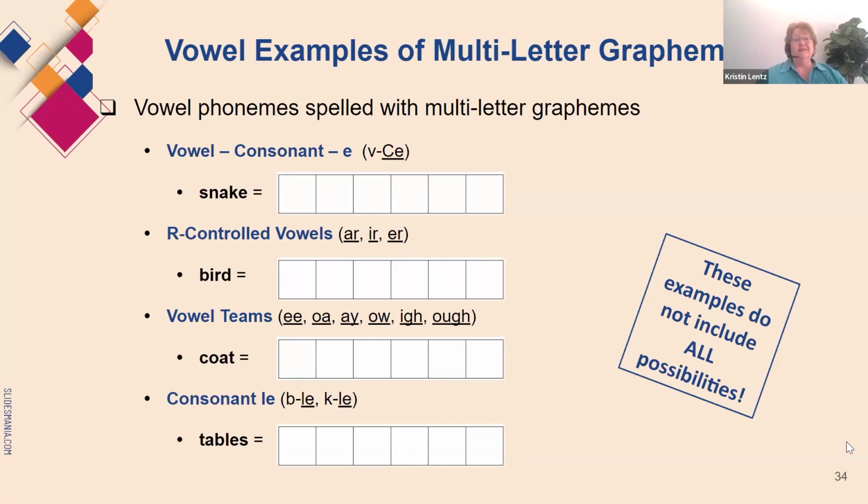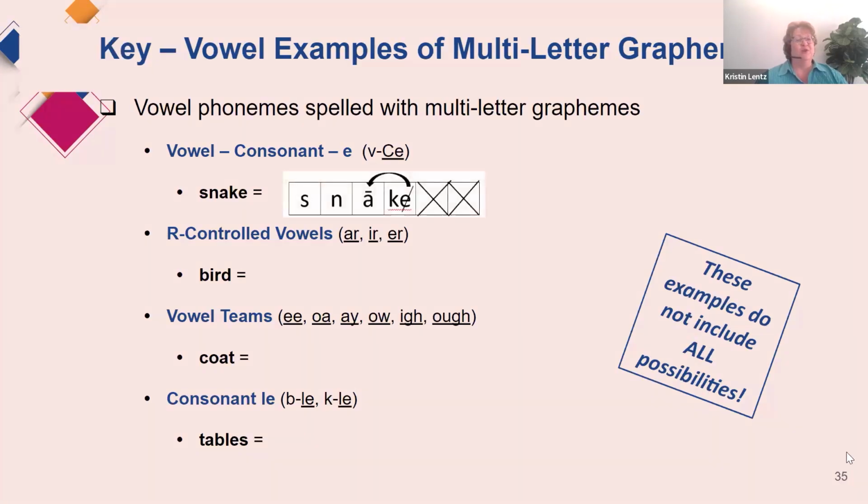This was the next piece, and this is where we're going to get into examples of the multi-letter graphemes that represent vowels. Just a couple of examples. The first one I am going to show you is the word snake, which has our vowel-consonant-E, or the silent E. Notice that typically when we cross off a silent letter, it's either at the very beginning or the very end of the word, or in this case, the very end of the syllable.